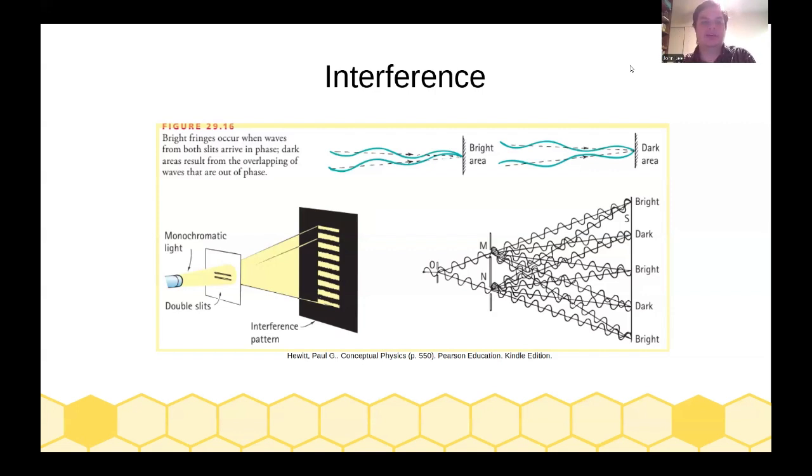So if the distance was set so that the monochromatic light was going to interfere positively, then you would have a bright area. But if you have negative interference, then you have a dark area. This creates something called a diffraction pattern, as you can see on the bottom left-hand side, where you have alternating bright and dark areas depending on the interference of the wavelets from the two slits.